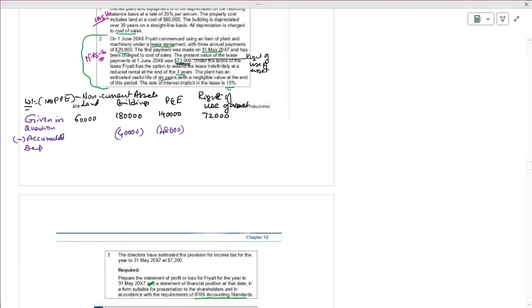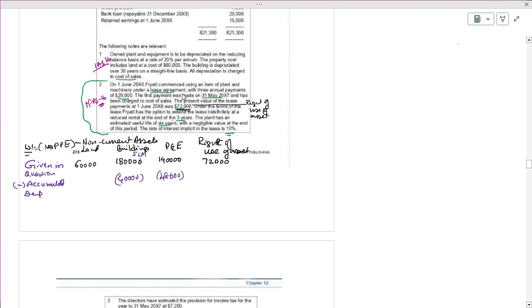The buildings are depreciated on a straight line basis, whereas plant and machinery is depreciated on a reducing balance method, at the rate of 20% on reducing balance.